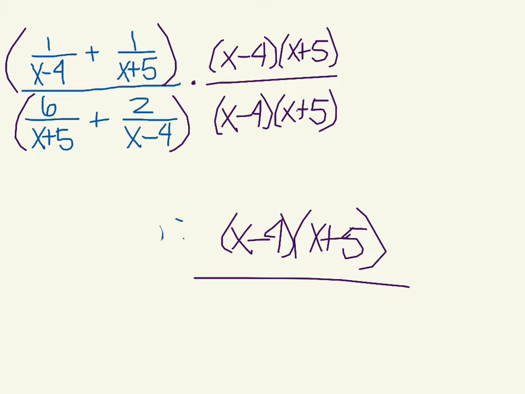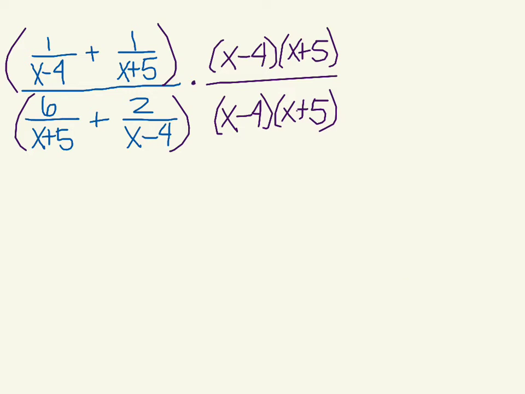So when I do this, some of you may be able to comfortably distribute and cancel in your head. However, I'm not going to do that. I'm going to write down each little step. So what we have here is multiplying all of this by the first term is going to give me x minus 4 times x plus 5 over x minus 4.